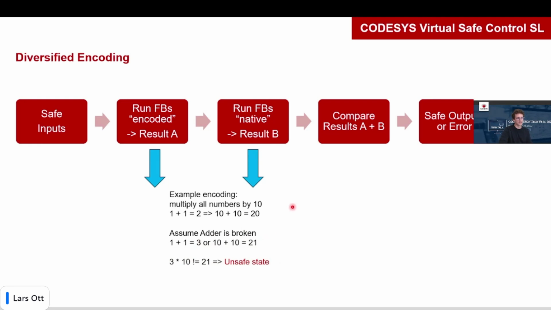And that's how you can do it without special hardware. This diversified encoding, very smart people have done the math on it, and it is 99.99999% guaranteed to have a different result if there's a hardware failure than the native execution, thus giving you the high certainty that SIL3 requires that you can detect failures.